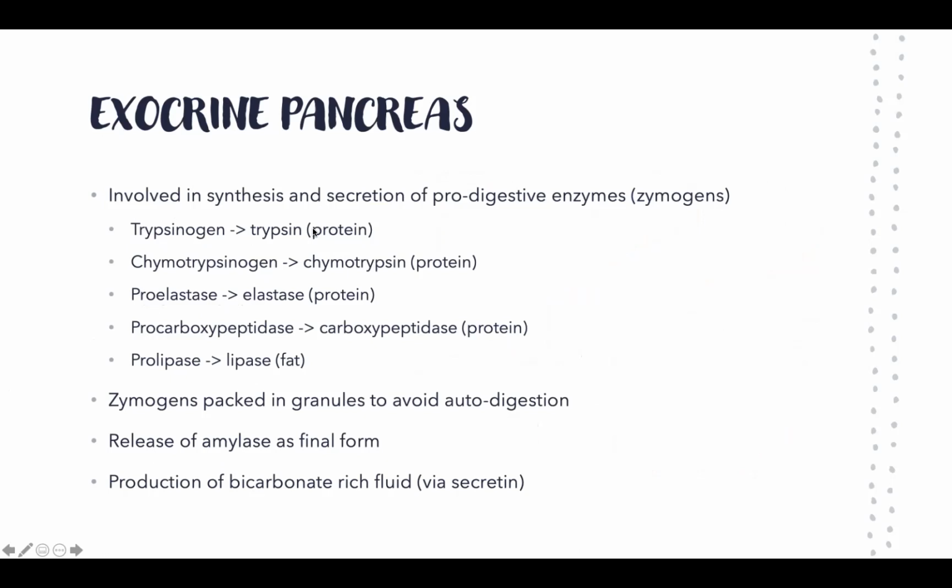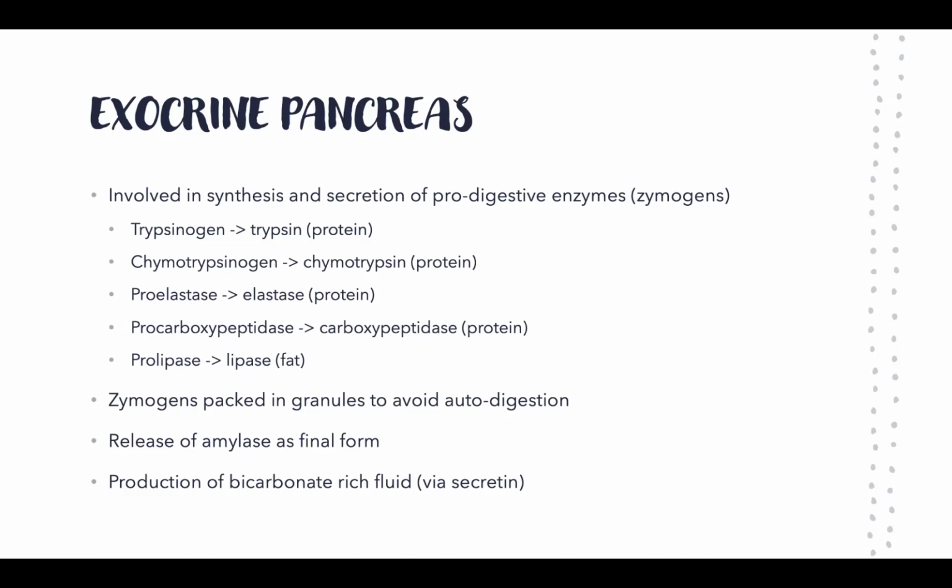In brackets, it suggests what type of food it's going to be digesting. So trypsinogen will be activated to trypsin, which will later digest protein. We've got proelastase, which will then be activated to elastase, which will digest protein. We've also got prolipase, which will be activated to lipase, which will later digest fat.